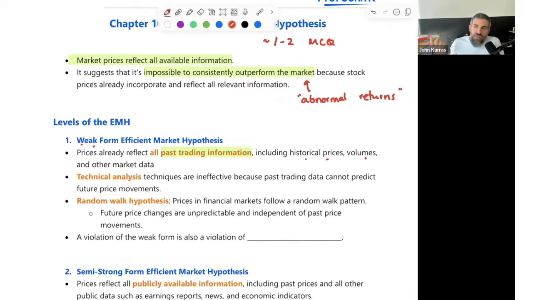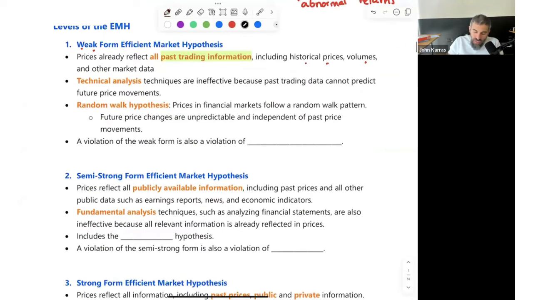So what does that really mean, though, right? It means that, and I'm going to have you guys write this, people who believe in this form believe that you can outperform the market, that you can earn abnormal returns, but only using public and private information.